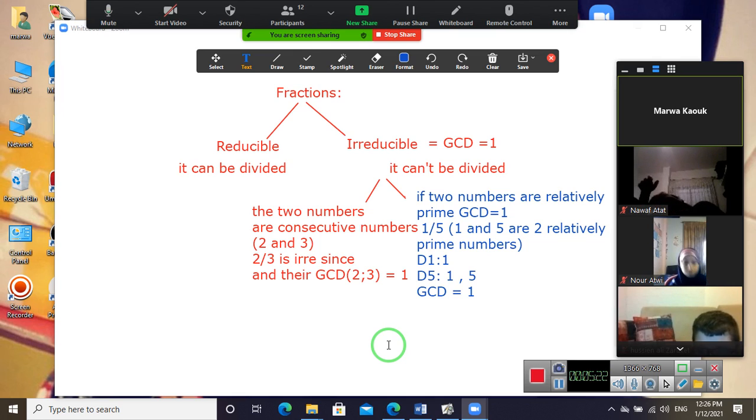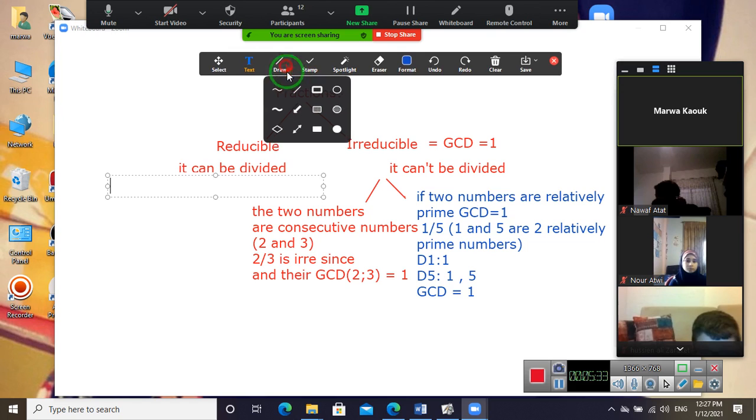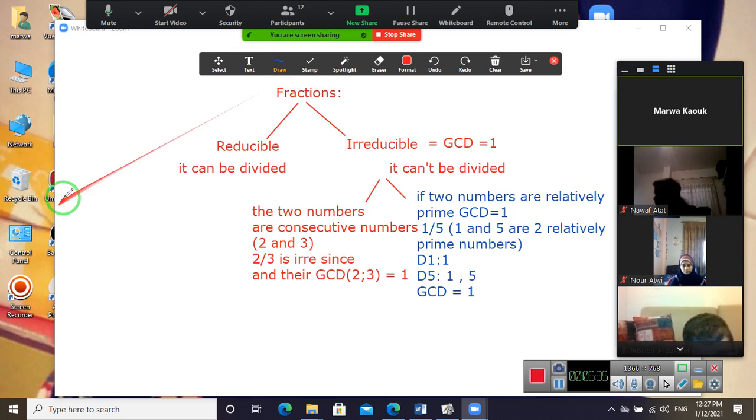What is the difference between reducible and irreducible? Reducible can be divided, irreducible cannot be divided. For example, a reducible fraction: if I have 12 over 9, I can divide it. I will choose a common divisor between them.